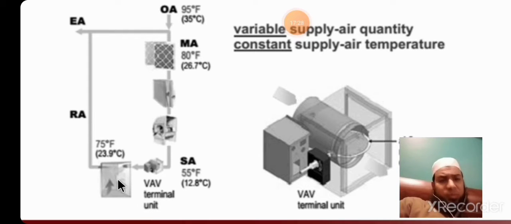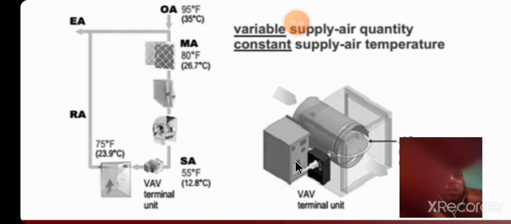So it works on proportionality limits. When the temperature inside the room is close to 23, like 24, 25, it closes down the damper to a certain level, so less air can enter the room. So less chilled air enters the room, so less temperature difference will occur. So it works on that principle.